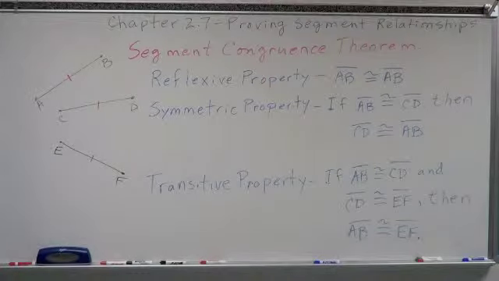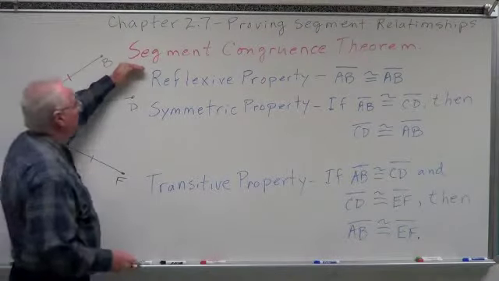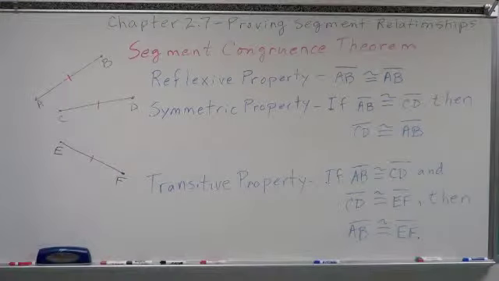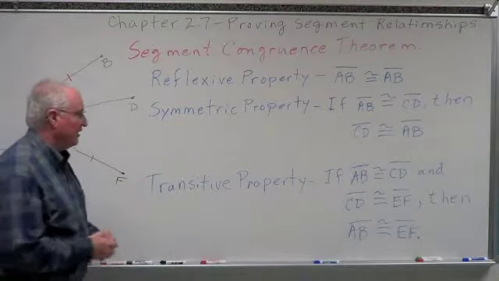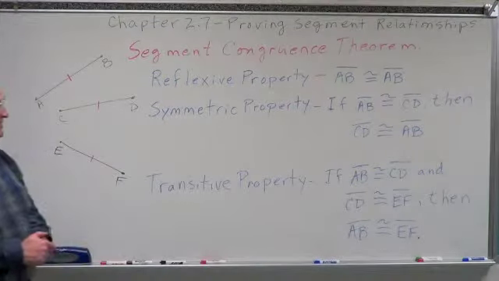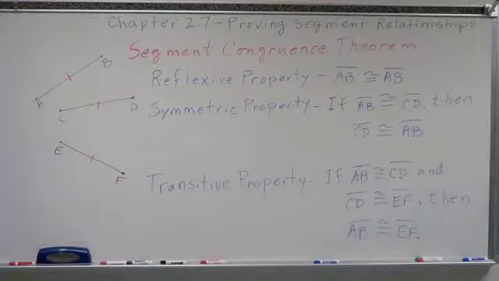Okay? So what we're going to do next, this is the Segment Congruence Theorem. It has three sections to it. Reflexive property, symmetric property, and transitive. Now which one of those do you think would be the longest proof? That's right. Obviously the transitive property. It has more involved in it. And so what we're going to do next is prove the transitive property of congruent segments.